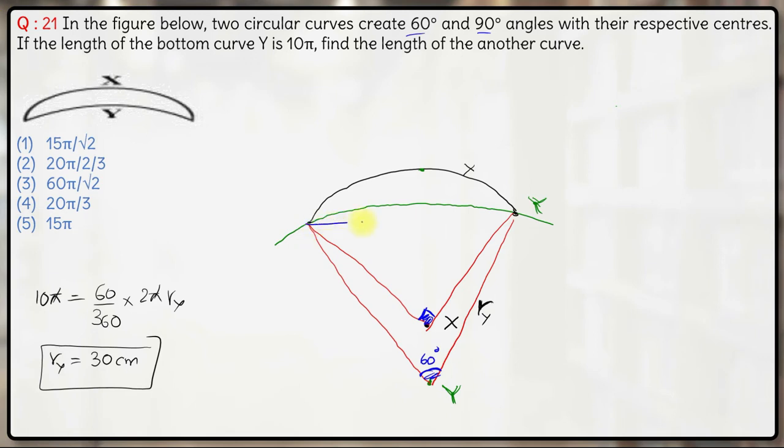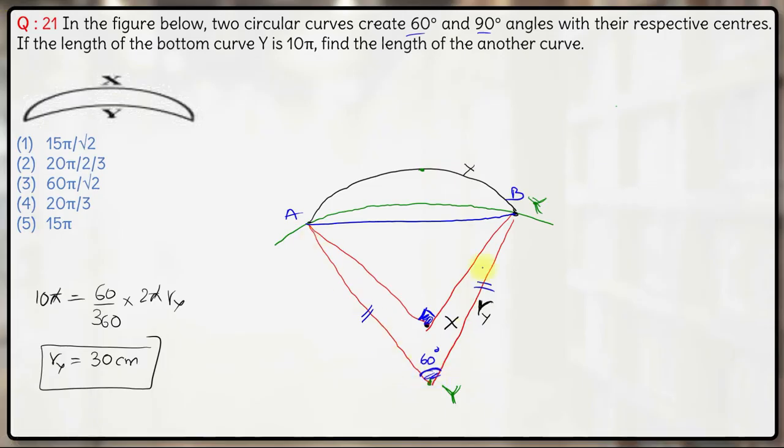Now if we join these 2 points, let's say this is point A and this is point B. Now if you look at triangle ABY, this triangle ABY becomes an equilateral triangle, right? Because this is 60 degrees and this side is equal to this side, the radius of the circle.